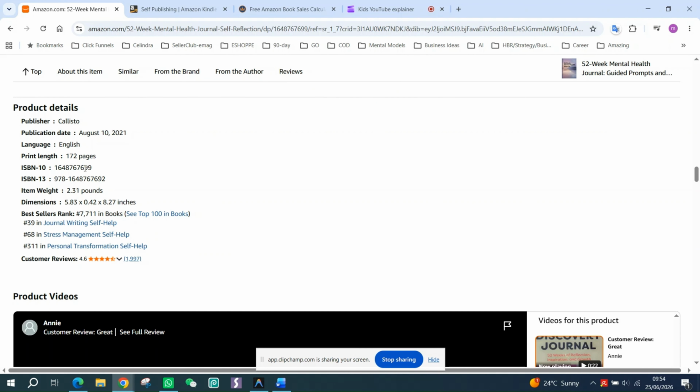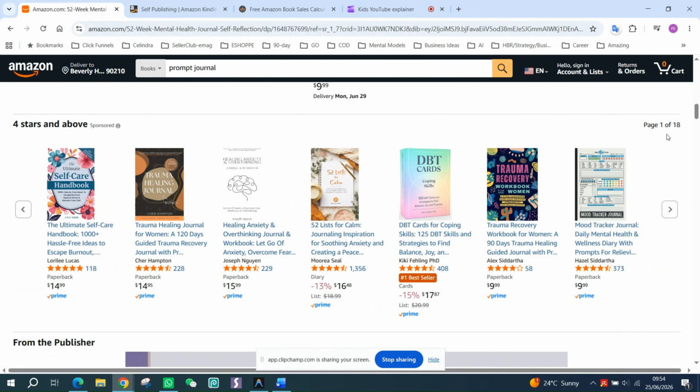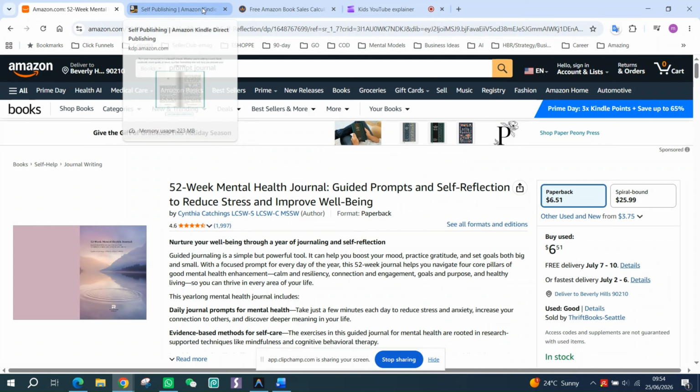It should say somewhere here. Okay, maybe we go to the top and see, yes, it's paperback. So look, it's spiral bound, so you can publish on KDP as a spiral bound. The price is 6.51, which is quite a low price in my opinion.